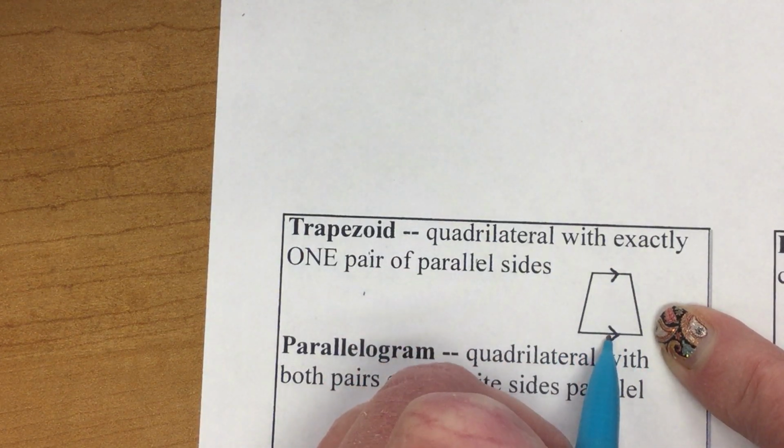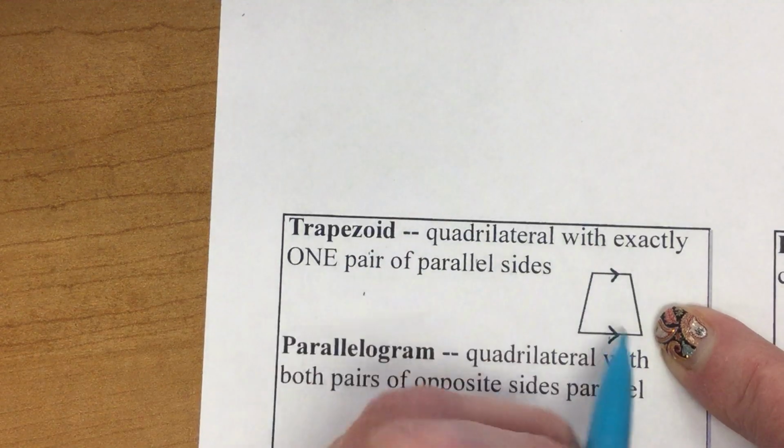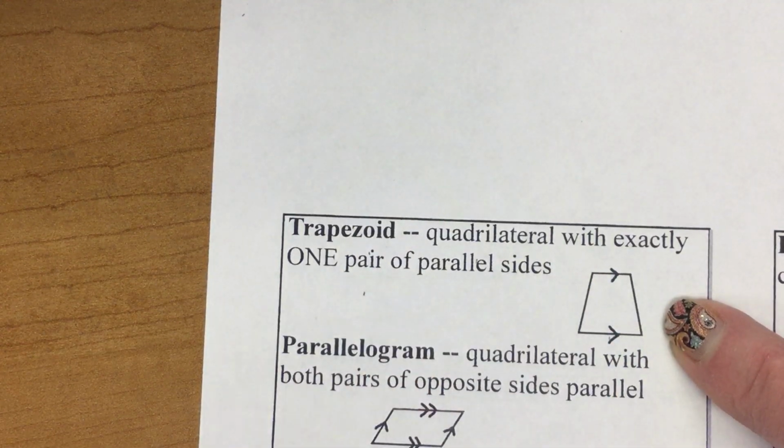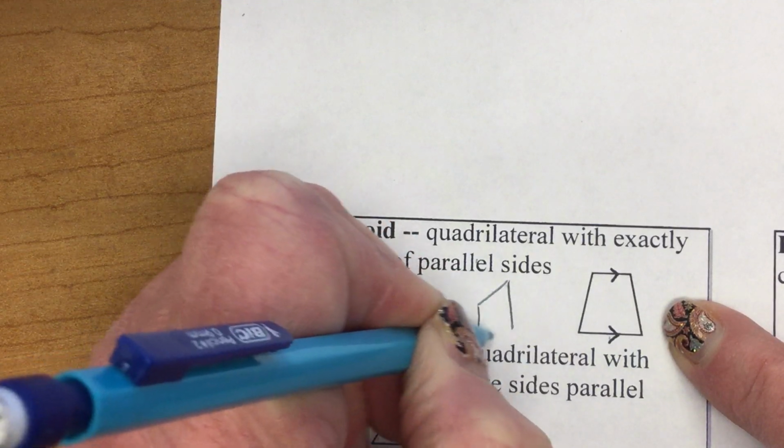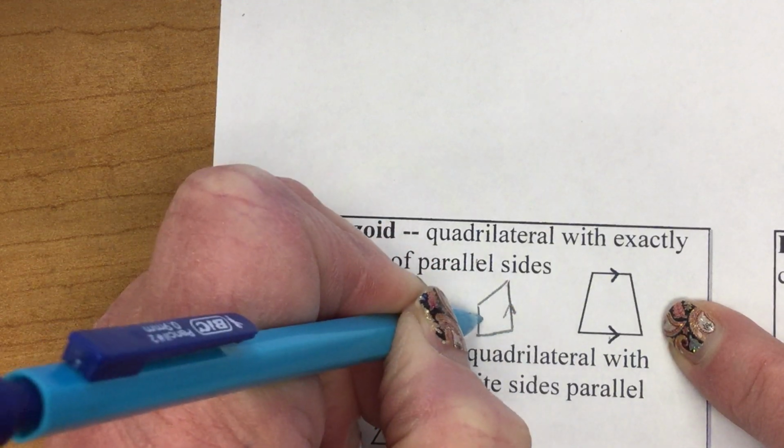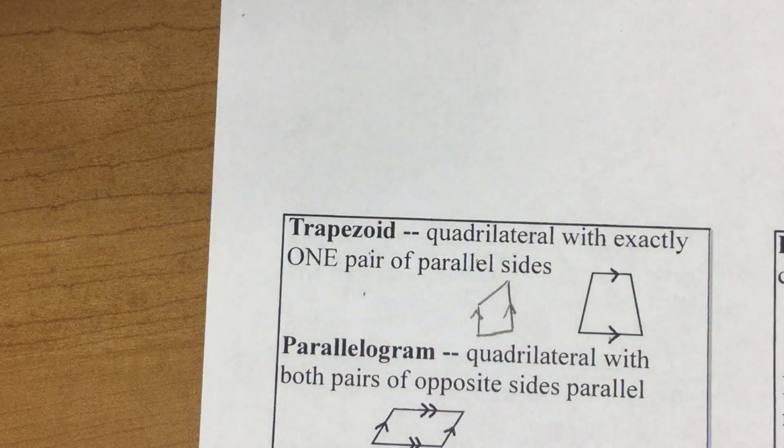So those two arrows mean parallel. Now, this is how we normally think of a trapezoid, but we have trapezoids that look like this too, which is kind of like the side of an entry on a house or a little shed type thing. And that'll count as a trapezoid, two parallel sides.